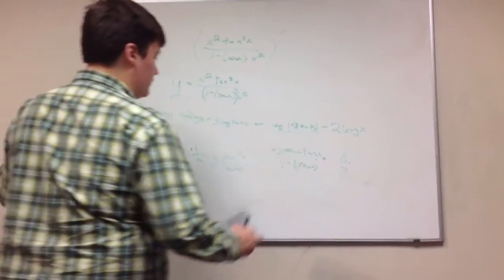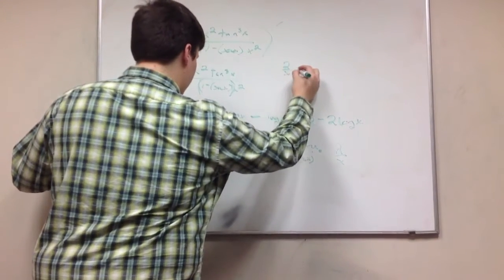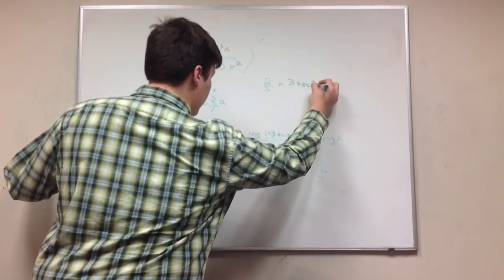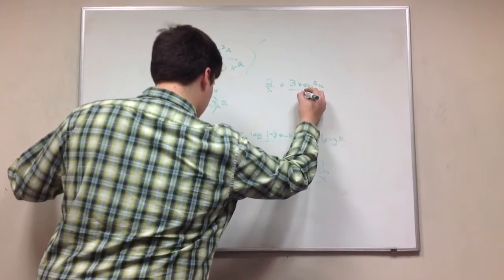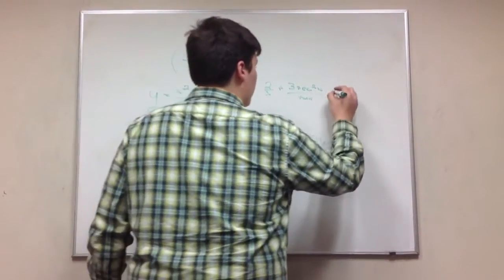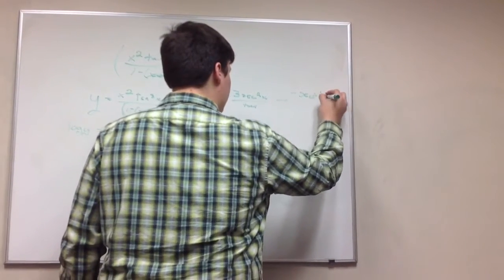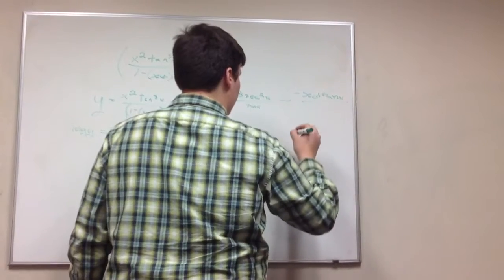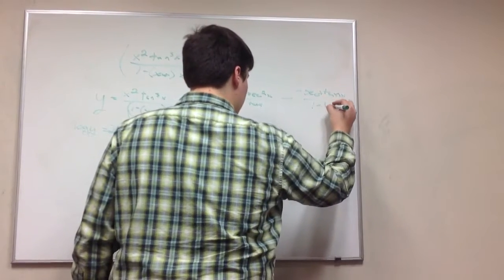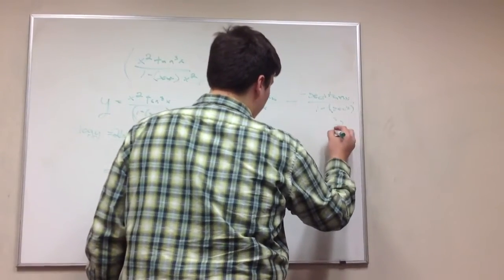Now, the whole function is 2 over x plus 3 secant squared x over tangent x, minus negative secant x tan x, over, this board is not long enough, 1 minus secant x, minus 2 over x, sorry.